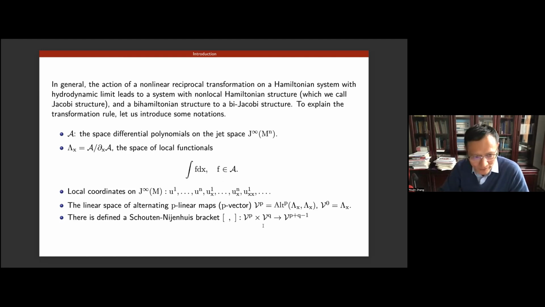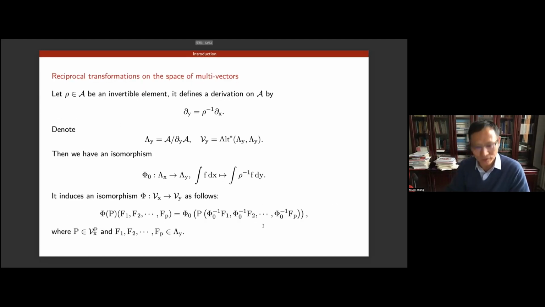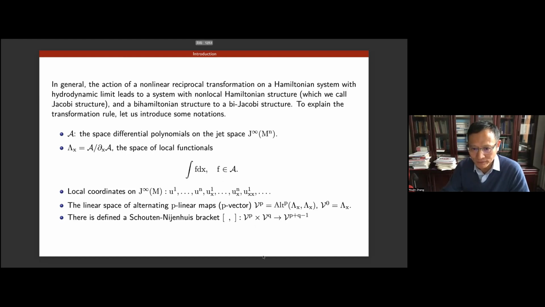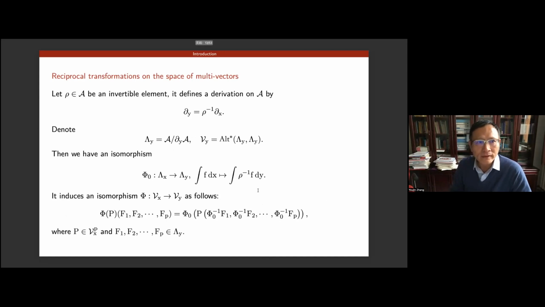Then using this notation, we can define the Hamiltonian structure. A Hamiltonian structure on this jet space is given by a Poisson bivector, just as in the finite dimensional case. Okay. Then we can perform a reciprocal transformation on the space of multivectors.